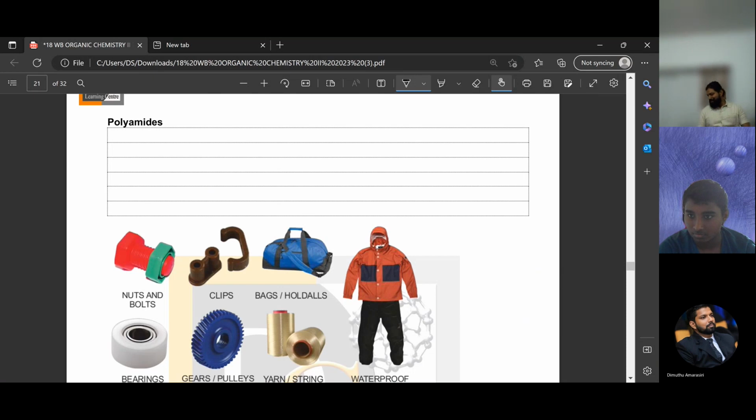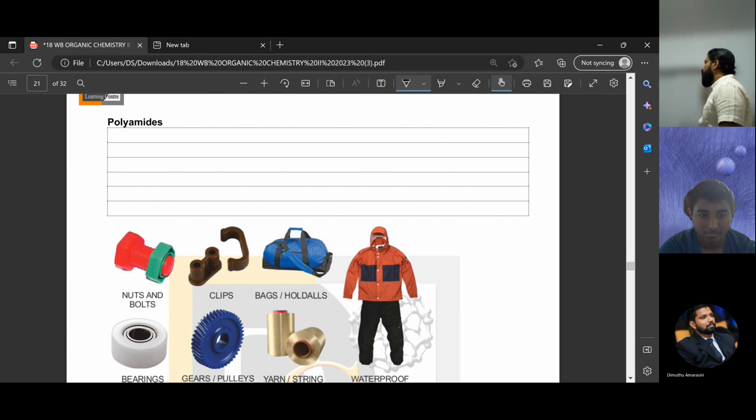Okay, so polyamides. Let's go to polyamide. There is a small issue. The reaction is kind of known, but there is one reactant which is unknown. I'll explain it, don't worry.